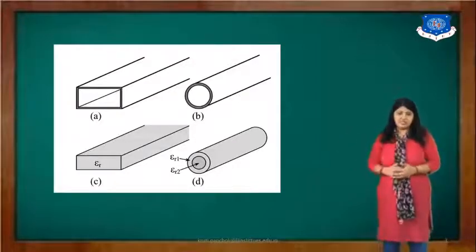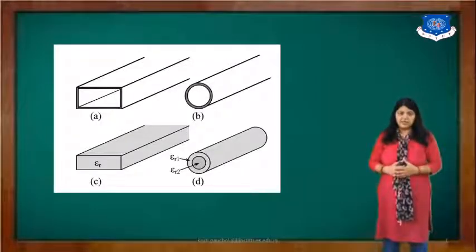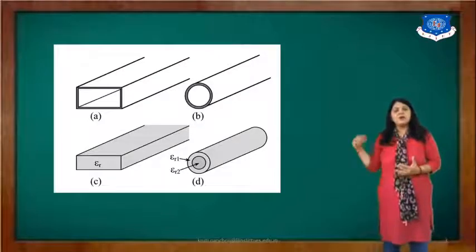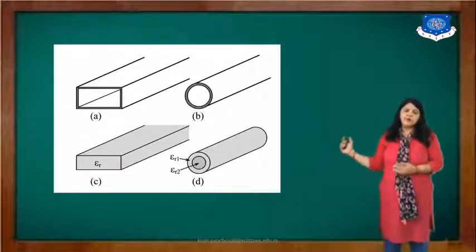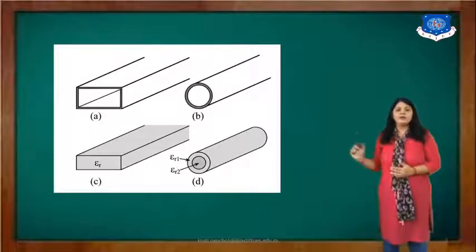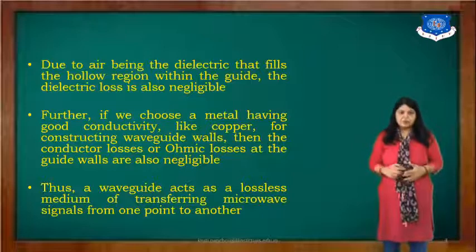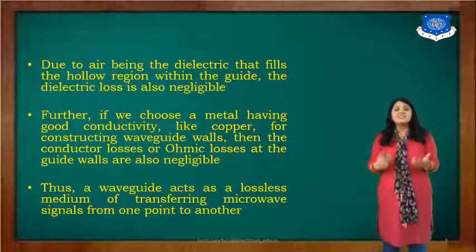In figure C, you can see the hollow conductor having the permittivity epsilon r. In the circular waveguide, the hollow conductor has an inner conductor with permittivity epsilon r1, r2, and an outer conductor having the permittivity epsilon r1. Now, in this, the air is there.